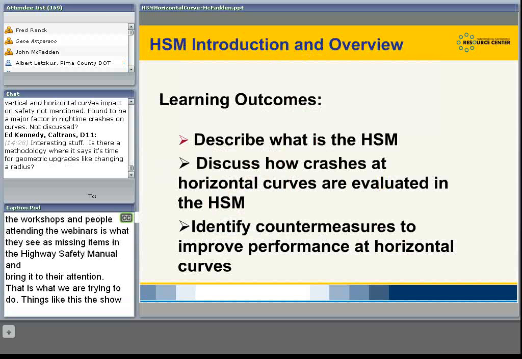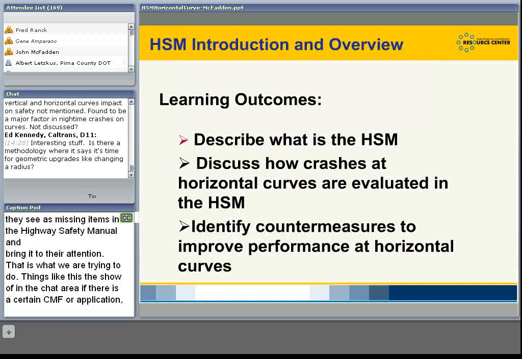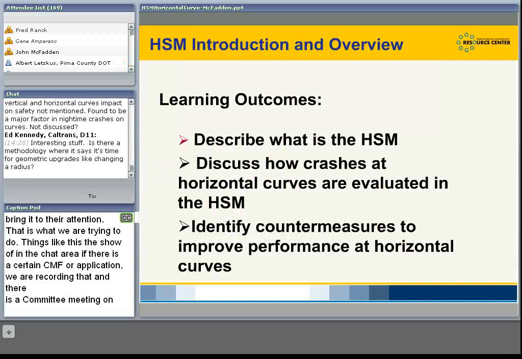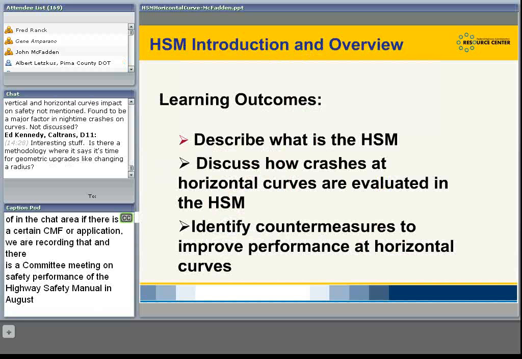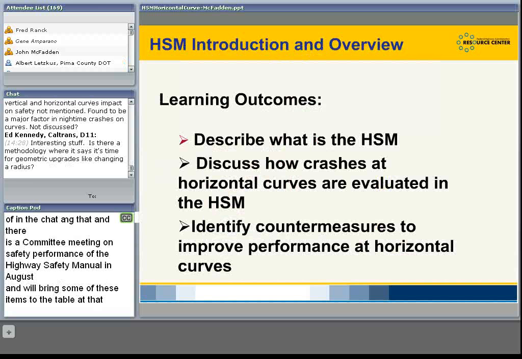There are some gaps in the Highway Safety Manual. It's not perfect. It doesn't cover everything, and the researchers and the developers of the Highway Safety Manual are fully aware of that. As a matter of fact, they've already established a TRB committee to try to identify those gaps and fill those gaps in a future edition of the Highway Safety Manual.